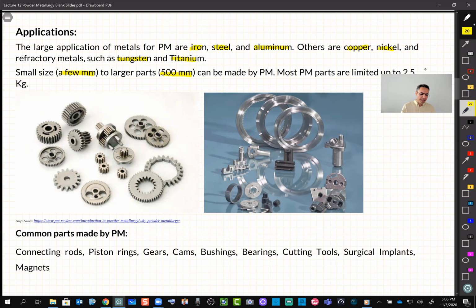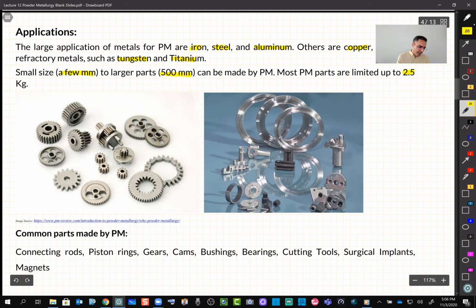However, it's not recommended. So the suggestion is not going further than 2.5 kilograms. And again, it's just a suggestion. People have made larger, heavier parts with powder metallurgy. And the main reason is after you compress a part, if the part is too large or too heavy, first of all, compacting may not be uniform.